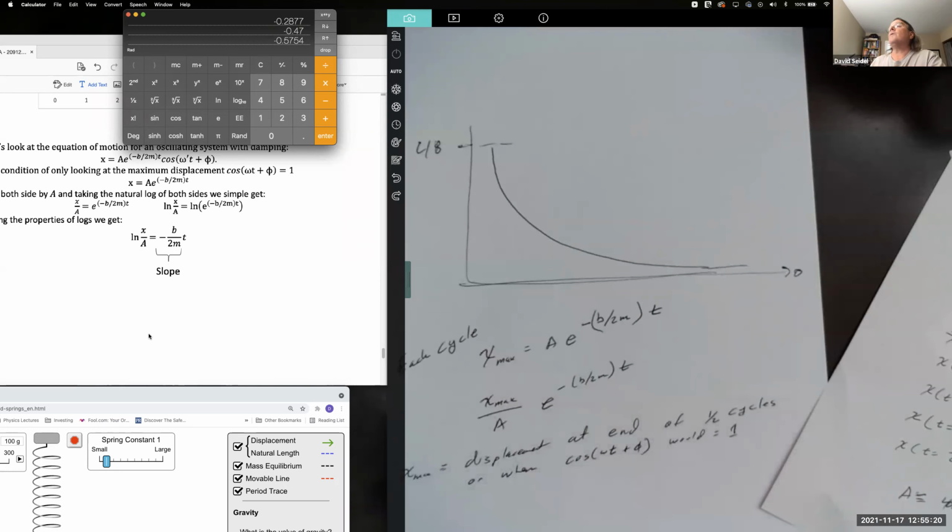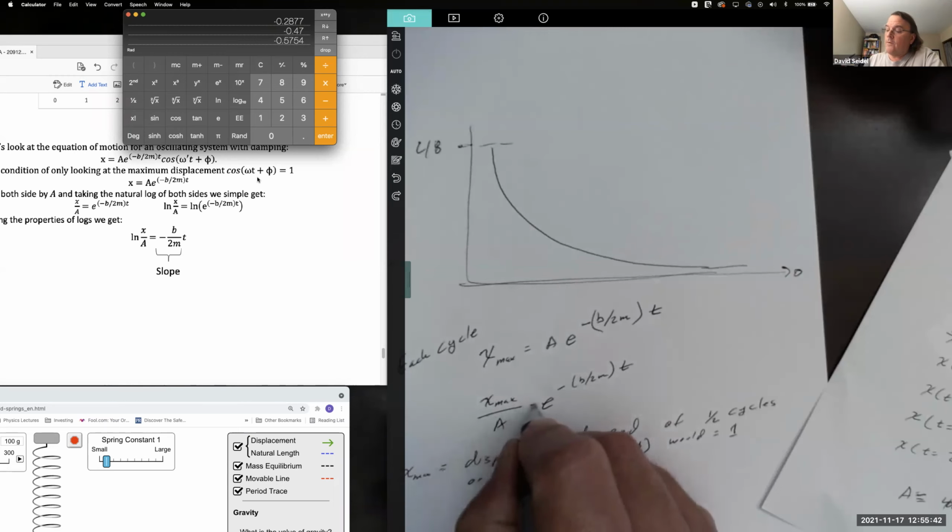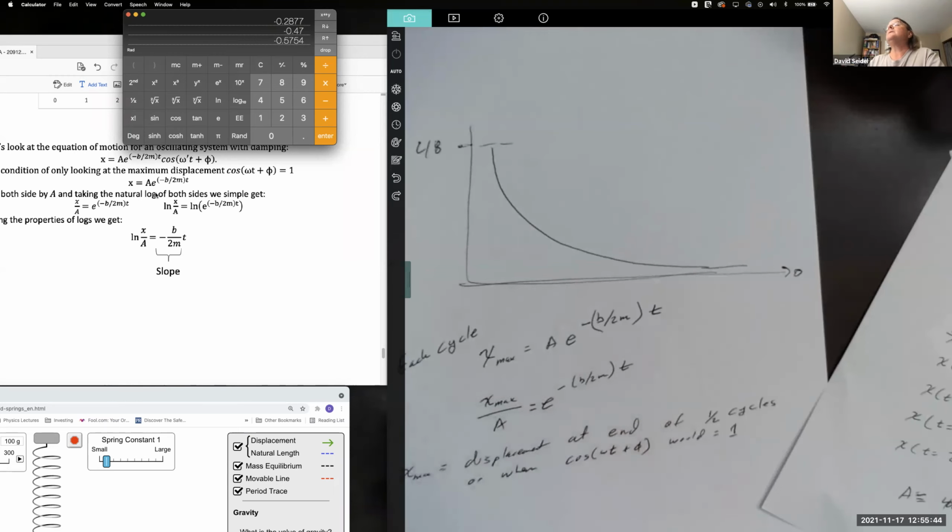So that's always at the edge of the displacement. Okay, so we're setting X at those times. So our times are the 0, what I just measured, 0.5, the 1, all of those things. So X over A is equal to e to the minus b over 2m times t.